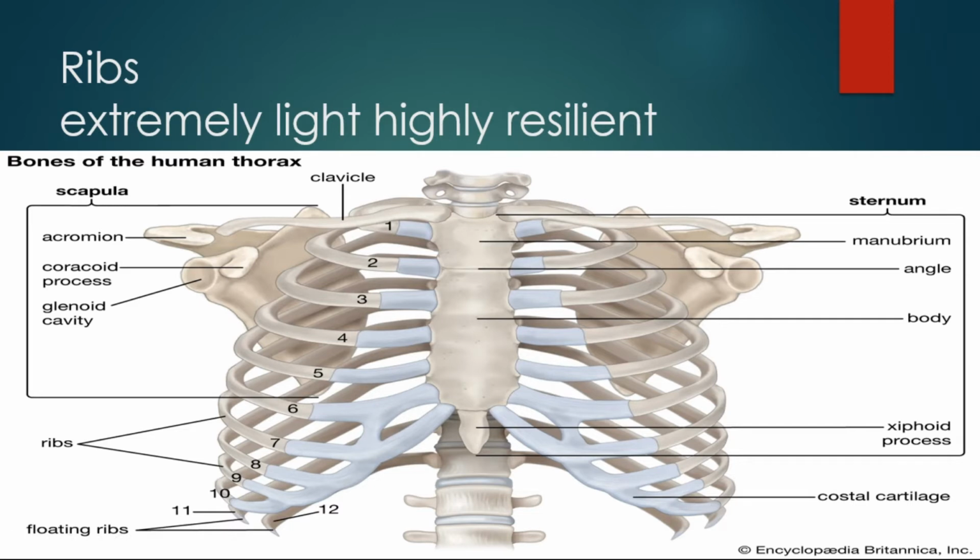Rib number 11 and 12 are also false ribs, but they are also called floating ribs. So floating rib is a subclass of false ribs. They are so named because they seem to be floating; they do not attach to the sternum or costal cartilage of the higher ribs, but end in the musculature of the abdomen.